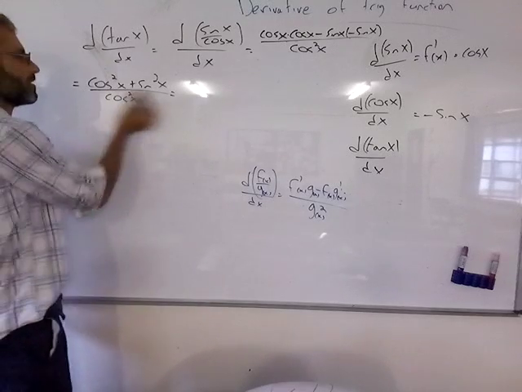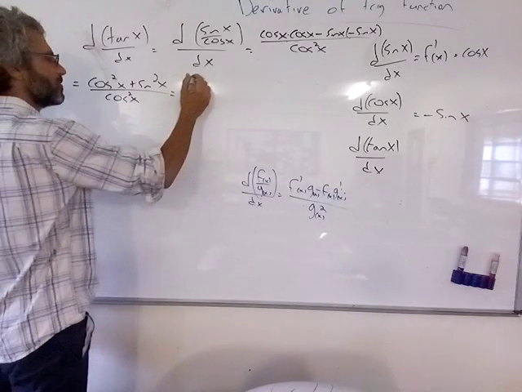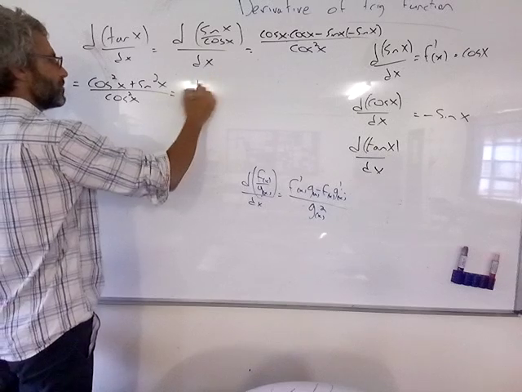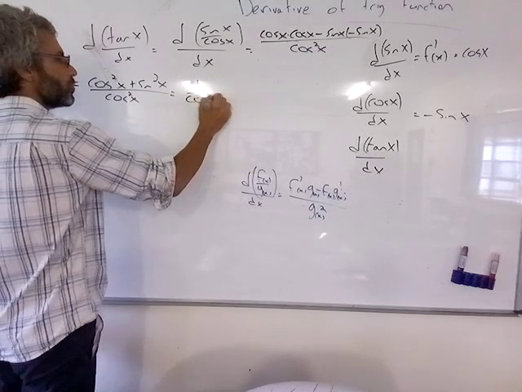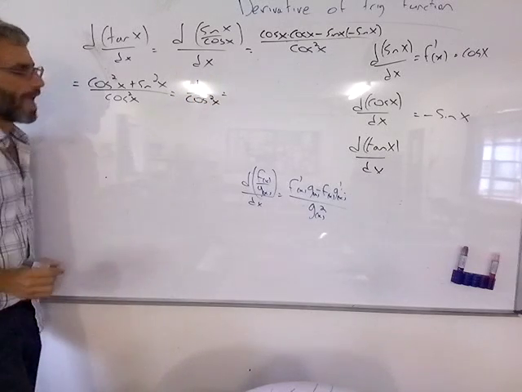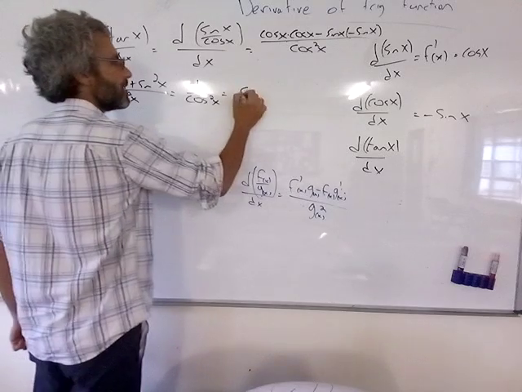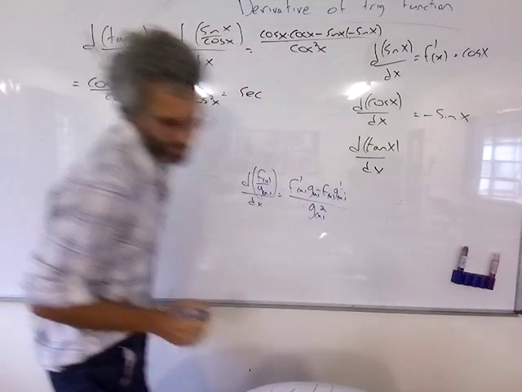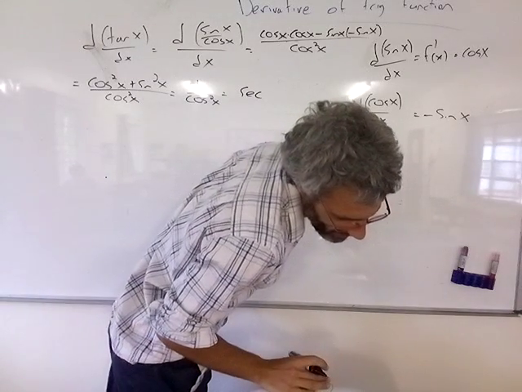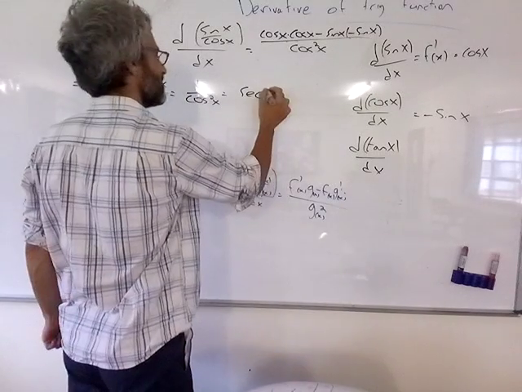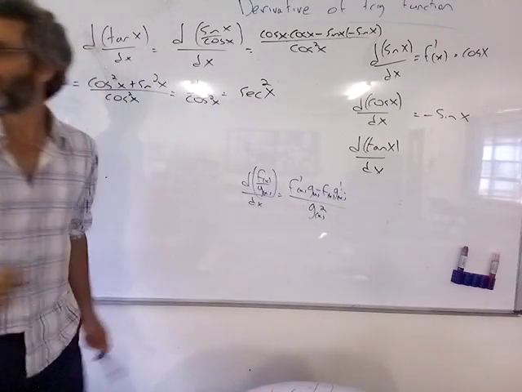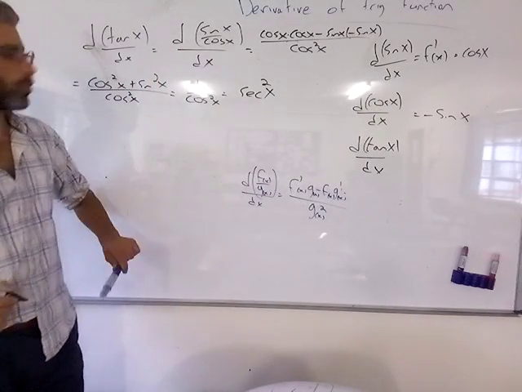Cosine squared plus sine squared add up to 1. So it's 1 over cosine squared, which we can write as sec squared x. Right, the sec is 1 over cosine.